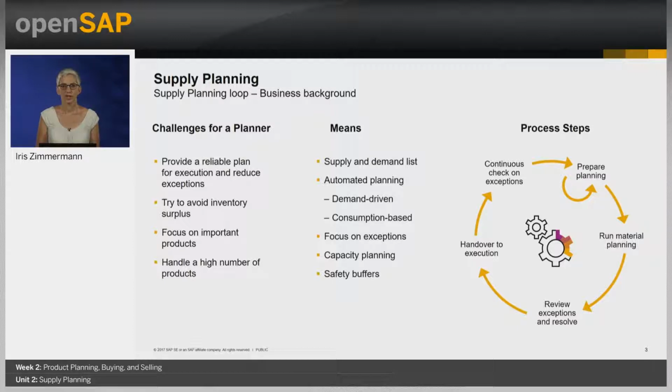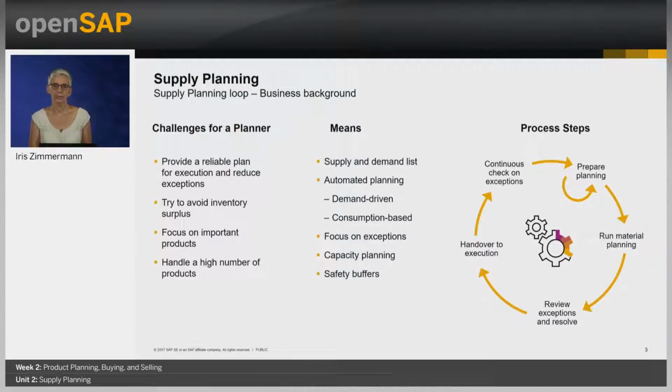The planner usually checks either the planning exceptions or reviews important products in the supply and demand list, which answers questions like which orders are late, or what are the potential actions needed to improve the plan. For example, try to expedite an existing purchase order. The planner also can adapt or add purchase proposals before handover to execution.